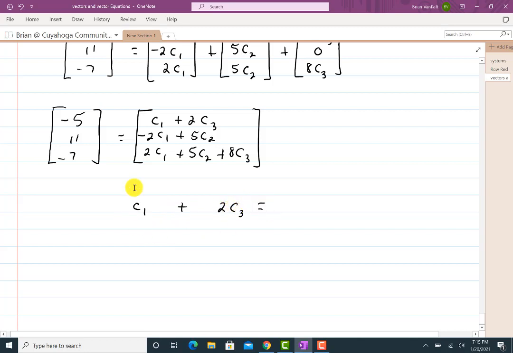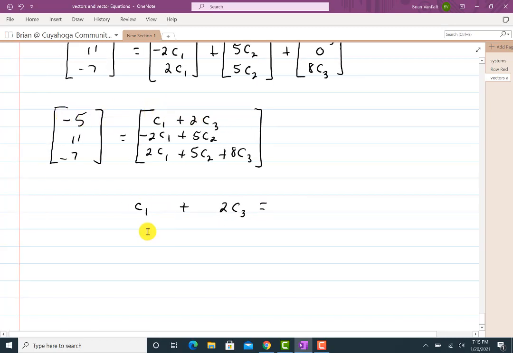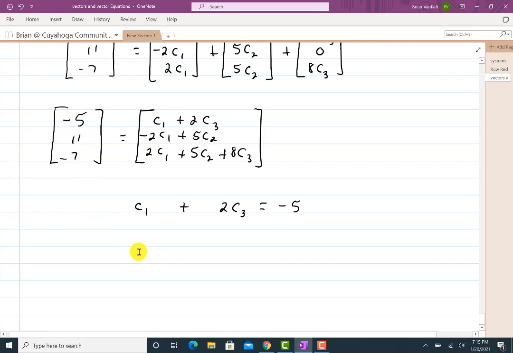Try to spread it out so you can see. So for example, this first row here is equal to negative 5. Then this second component is equal to 11. I think I'll move that addition sign closer to the C3 because I want it out of the way.